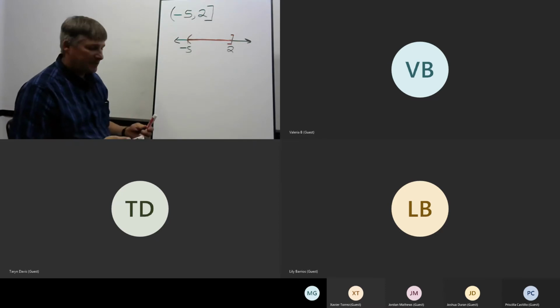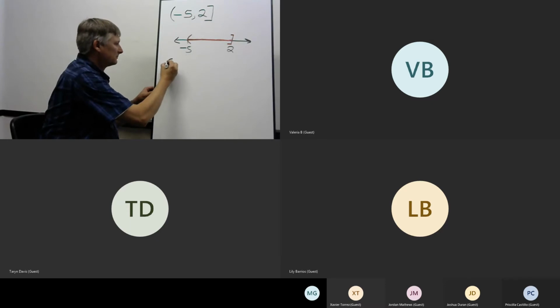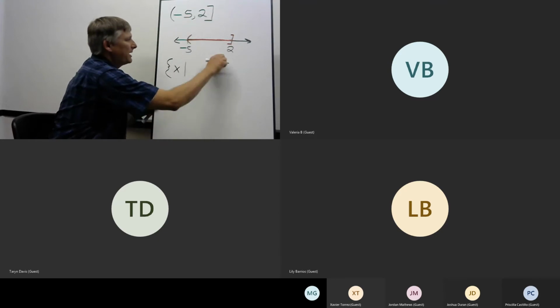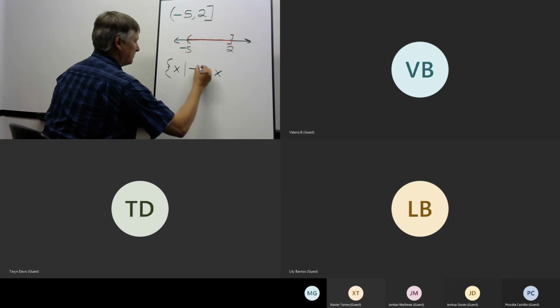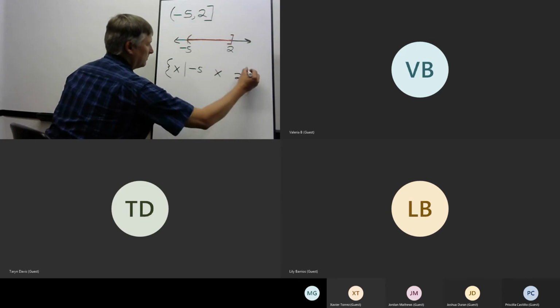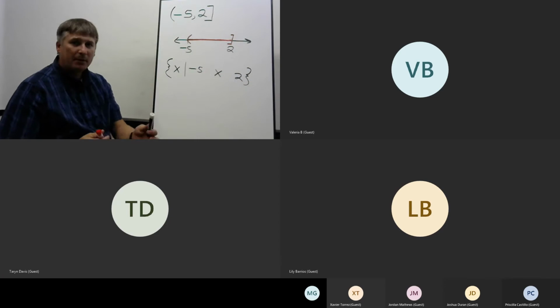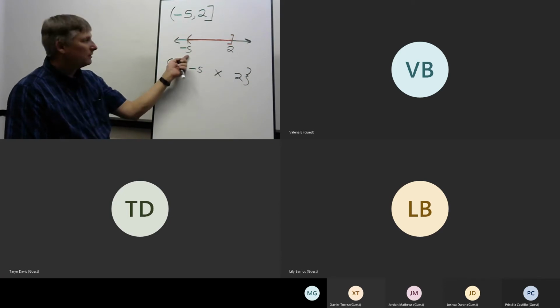Finally, we can write this in set builder notation. It's all the numbers x such that, now x is between -5 and 2. So that much we know. The question is, do we get to keep -5?